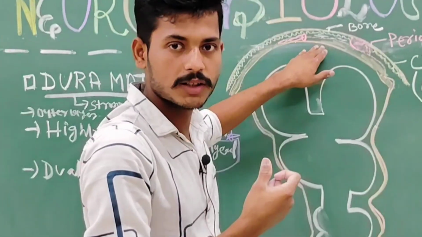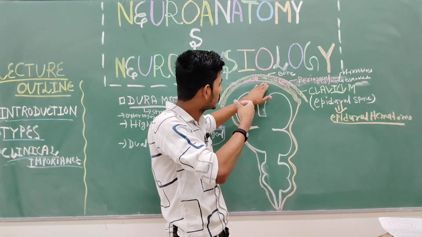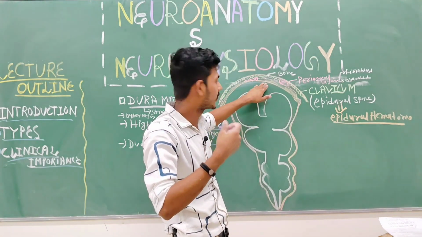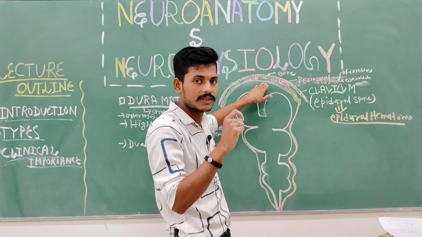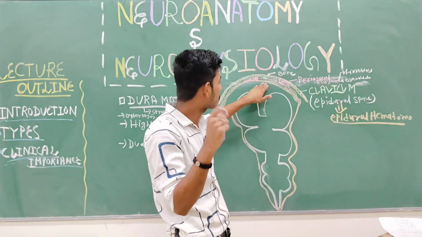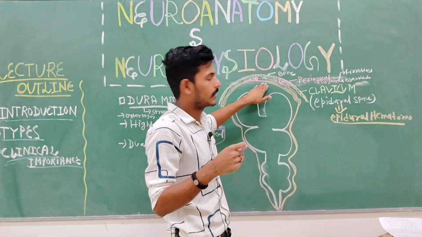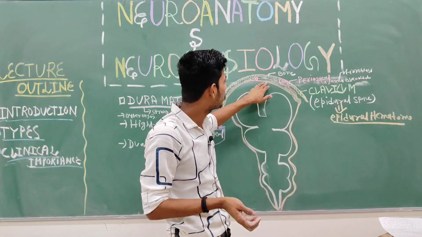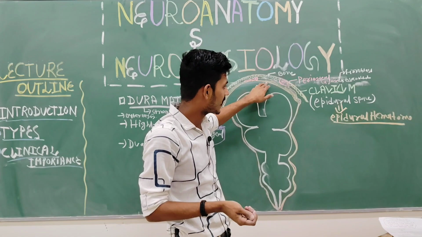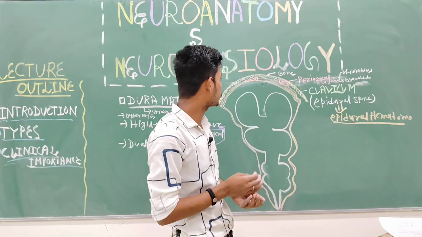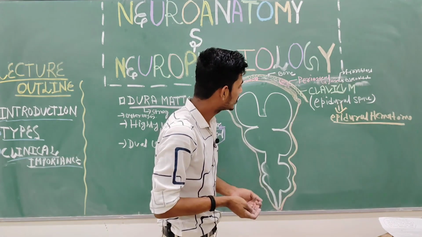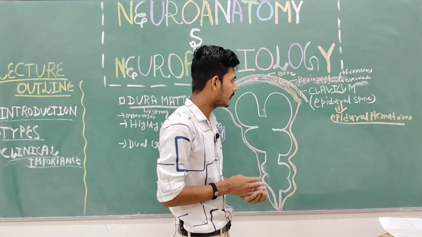Sometimes blunt injury, gun firings, severing injury, sometimes road traffic injury, they also lead to hemorrhage, and this hemorrhage is called the epidural hemorrhage, and because of it there is a formation of hematoma, called the epidural hematoma.